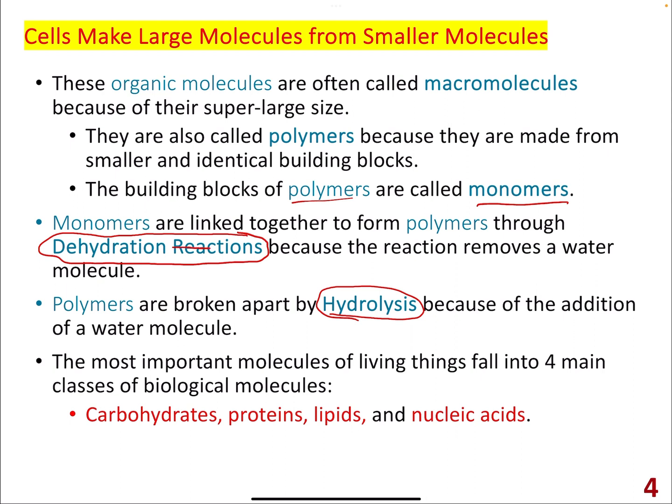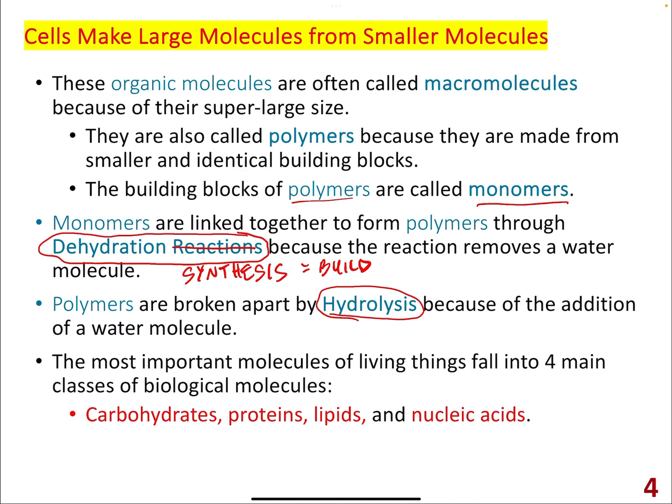Dehydration, I'm not going to call it just a reaction, I'm going to call it a synthesis. What does synthesize mean, or synthesis? It means build. What does dehydrate mean?